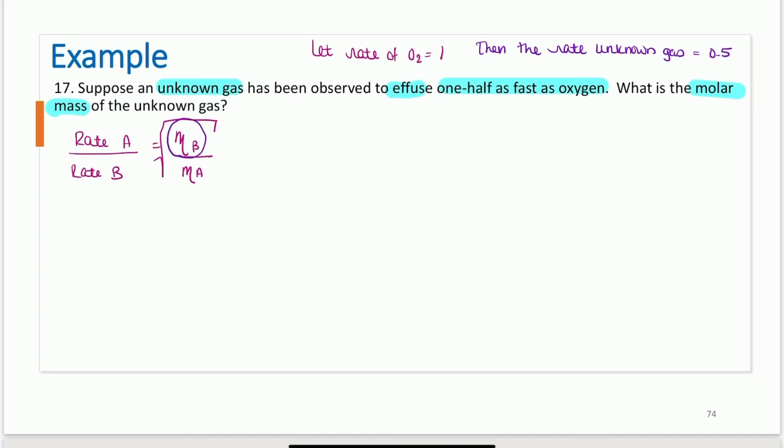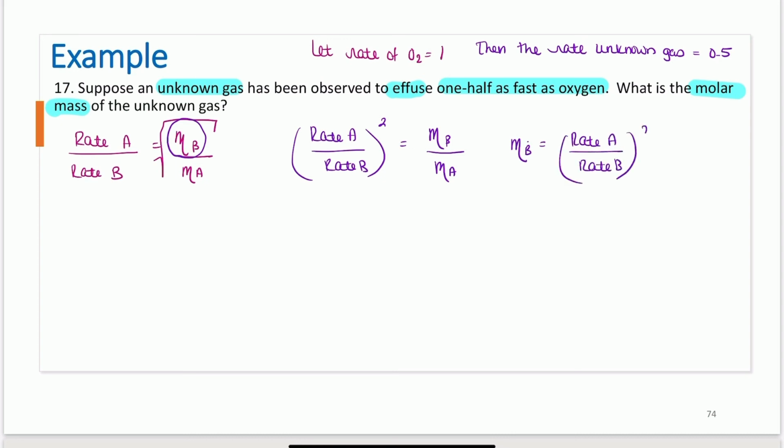I'm going to take rate of A over rate of B and square it to undo the square root on the molar mass of B over the molar mass of A. And rearrange this. The molar mass of B will be equal to rate of A over rate of B, quantity squared, times the molar mass of A.